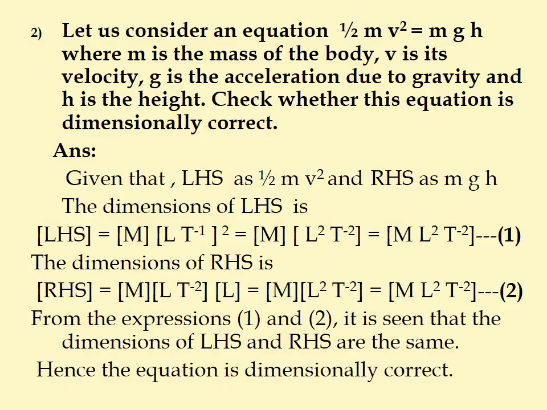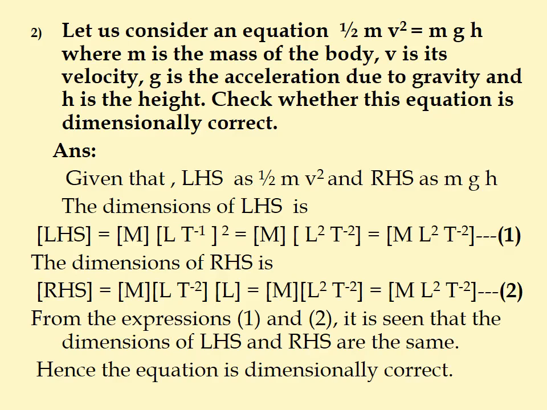Question number 2. Let us consider the equation 1/2 mv² = mgh, where m is the mass of the body, v is its velocity, g is the acceleration due to gravity, and h is the height. Check whether this equation is dimensionally correct.